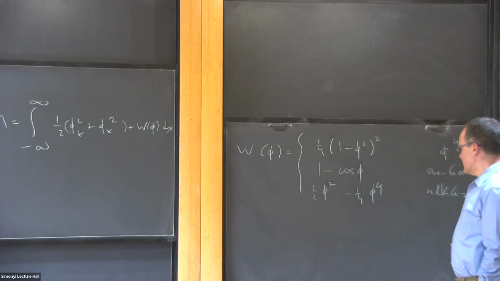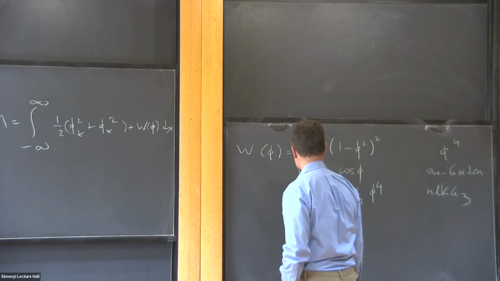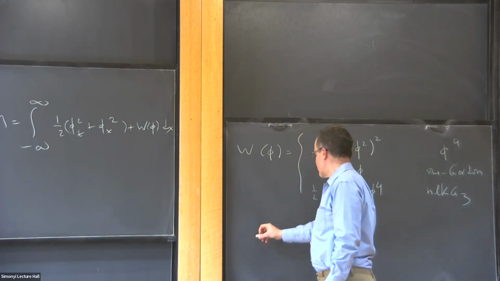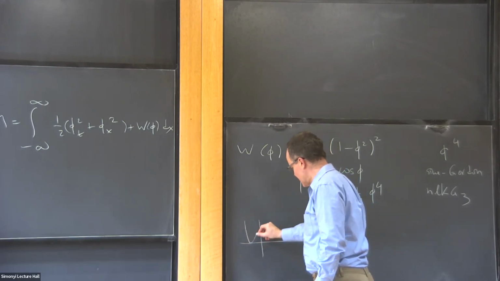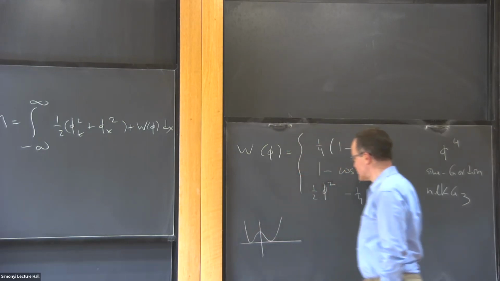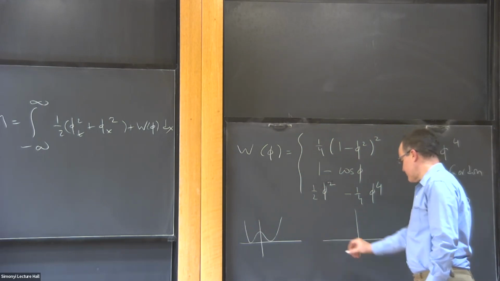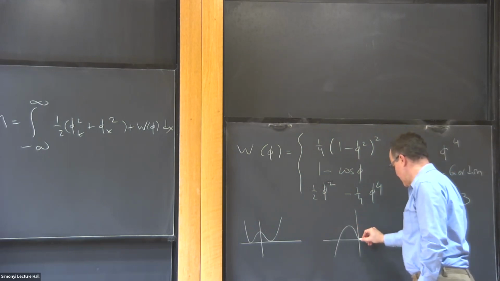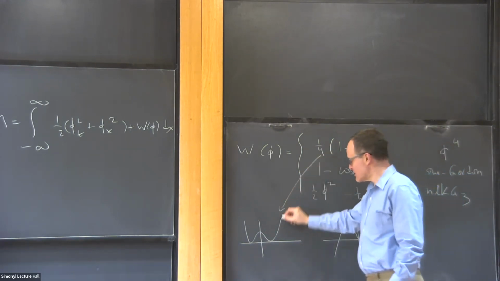Okay, these are the 3 different models we want to look at, and the pictures that go with it. Let me just draw the first one and the third one to the best of my ability. All right, so this looks like that, and this looks like this.